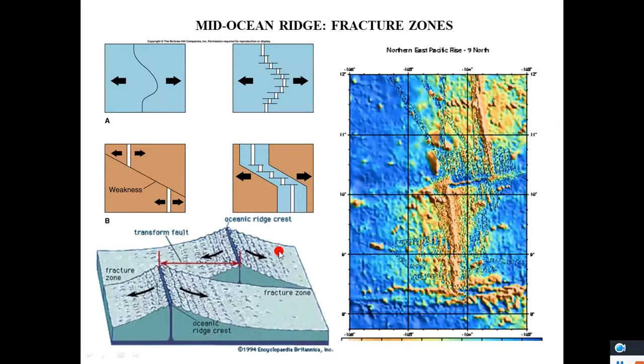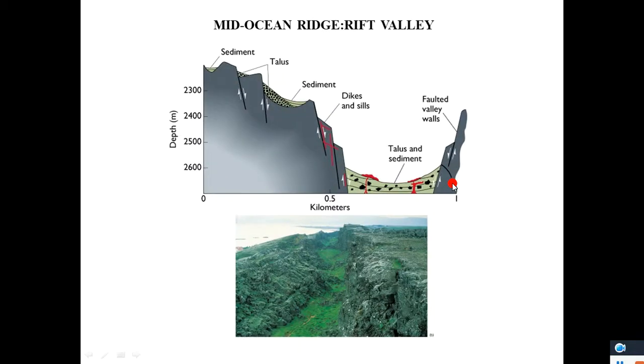Okay, so other than these features, the mid-oceanic ridges also have fracture zones. We saw in the earlier slide. So there are various fracture zones also. We may get rift valleys. A picture is showing here.